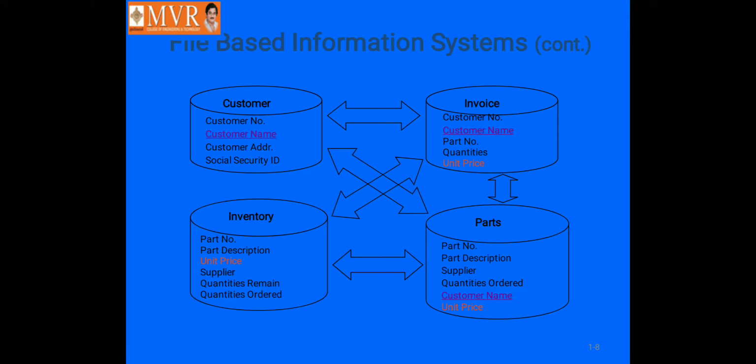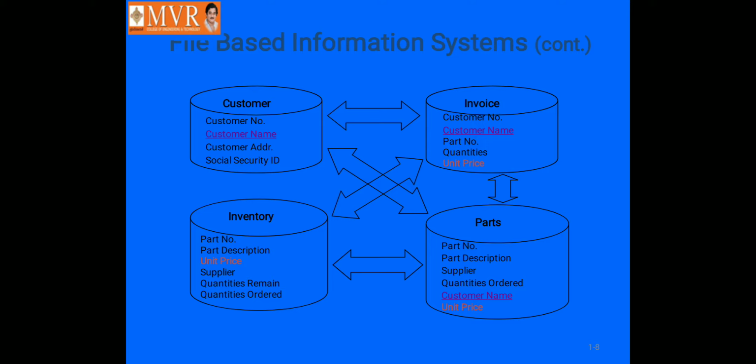In the file based information system, the customer has customer number, customer name, customer address and social security ID. In the invoice, customer number, customer name, part number, quantities and unit price. In inventory, part number, part description, unit price, supplier, quantities remaining and quantities ordered.